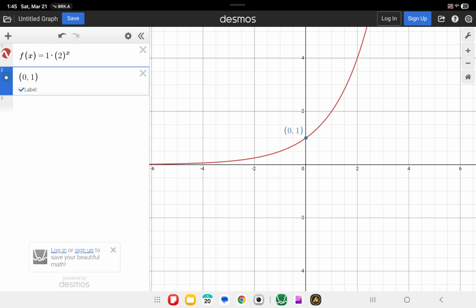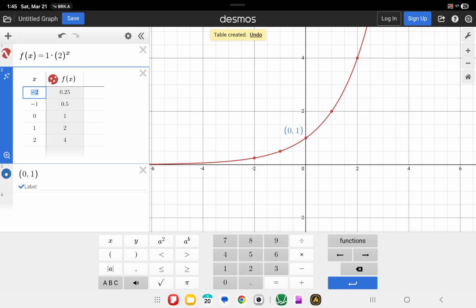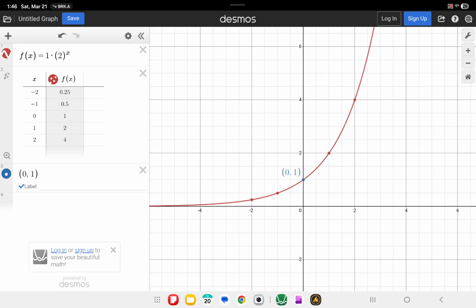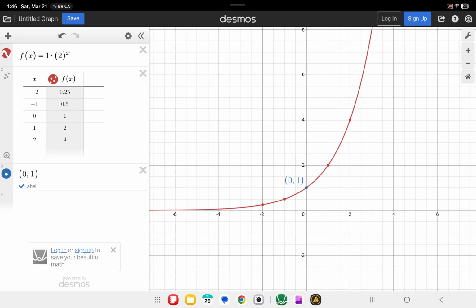I can come over here and I can go to my table of values. I want to show that those points are on there, and I can see that those points are going to be 1, 2, and 2, 4. Now, we were graphing on the positive side of the equation, in quadrant 1.